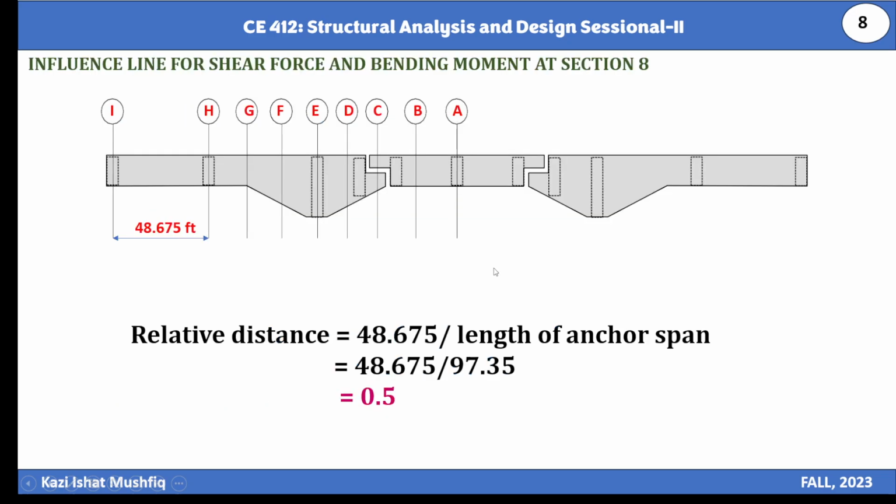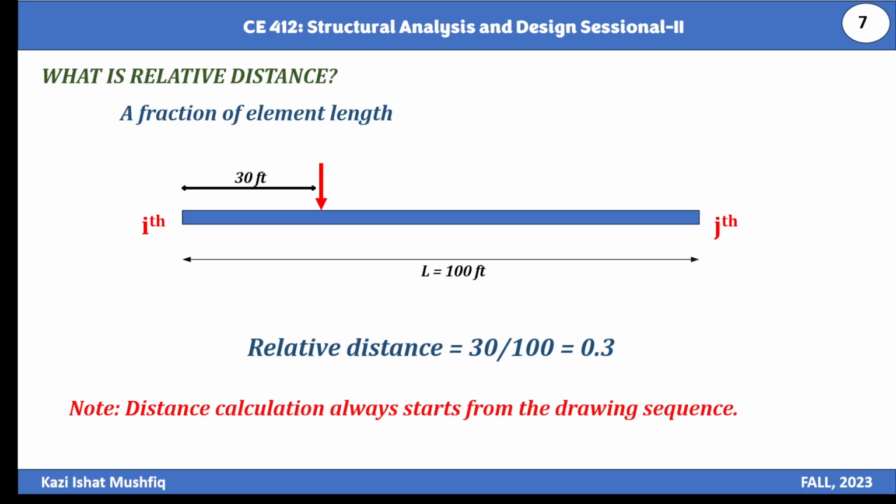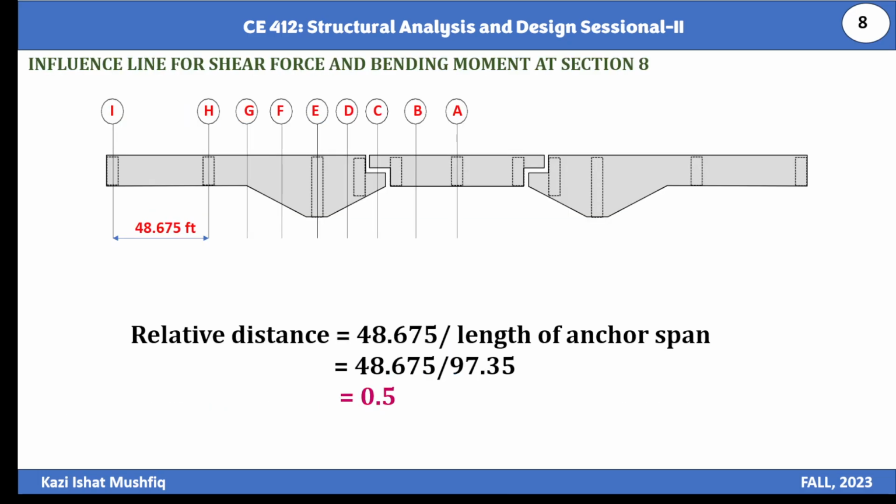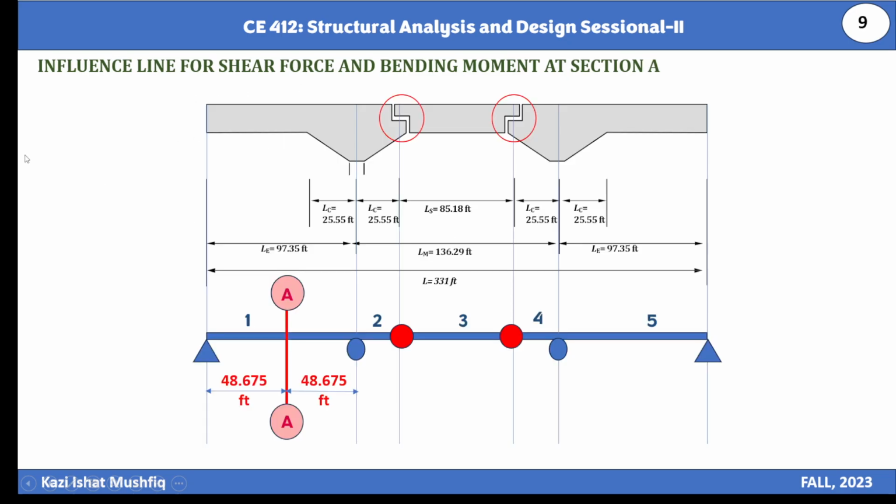But before that, let's define a section for which we need to extract our shear force and bending moment influence lines. Here we have defined total of 9 sections. So let's go here and let's assume we need our influence line for shear force and bending moment at section A. And this section A is in the middle of our anchor span.